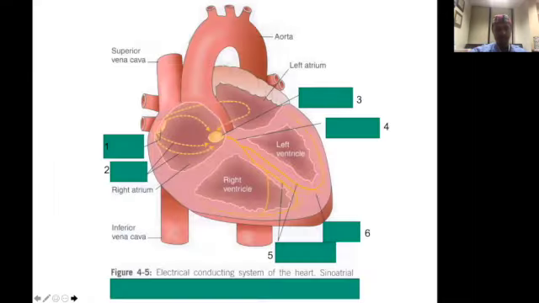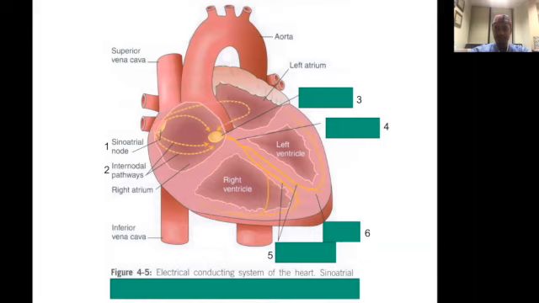Okay? All right. Who can tell me what's number 1? If you watch the video, this should be an easy answer. It is SA node. Okay. Number 2. Dr. Makbib, I didn't hear you, but I think you said internodal pathway.